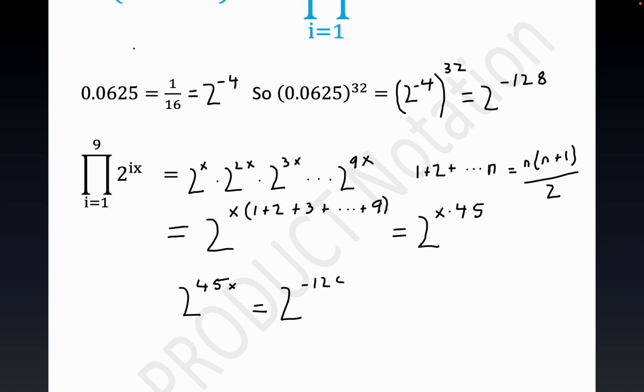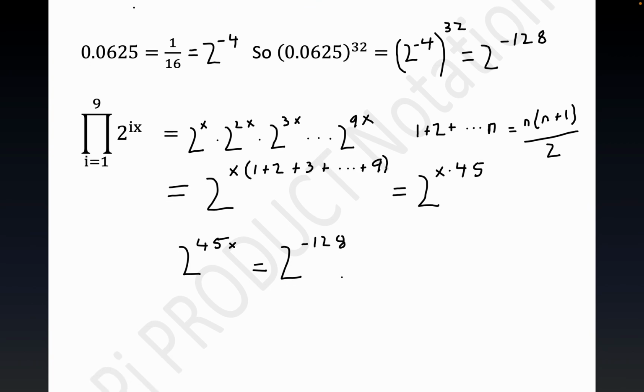And folks, since this is a one-to-one function, and a lot of people don't mention that, the exponential function is one-to-one, we can equate these two exponents. We can equate this with this. And when we do that, we'll get x is equal to minus 128 over 45.